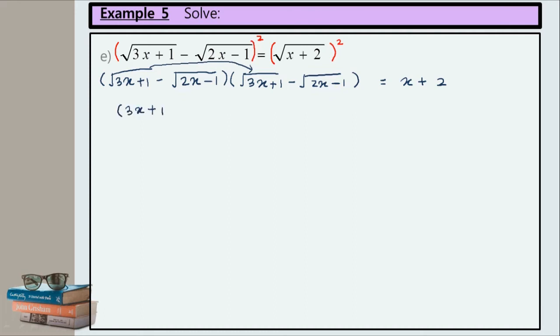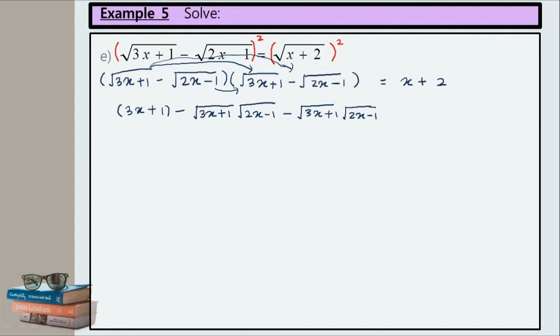have 3x plus 1, and then √(3x plus 1) times negative √(2x minus 1), so minus √(3x plus 1) times √(2x minus 1). √(2x minus 1) times √(3x plus 1), minus √(3x plus 1) times √(2x minus 1).